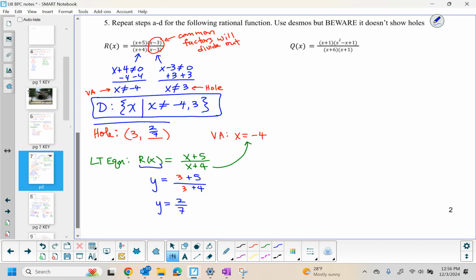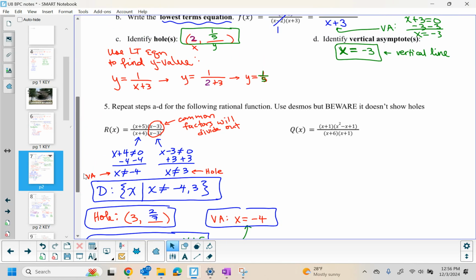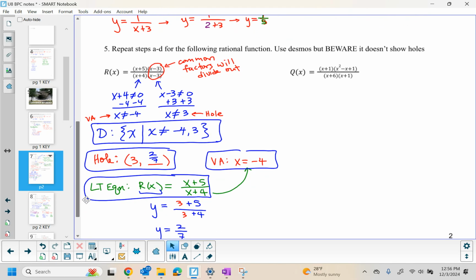So that is my hole. That's my vertical asymptote, and that is my LT equation. So those are the steps you need to do to find those items. Let's scroll up and make sure we found all the items: vertical asymptote, lowest terms equation, hole, and domain.